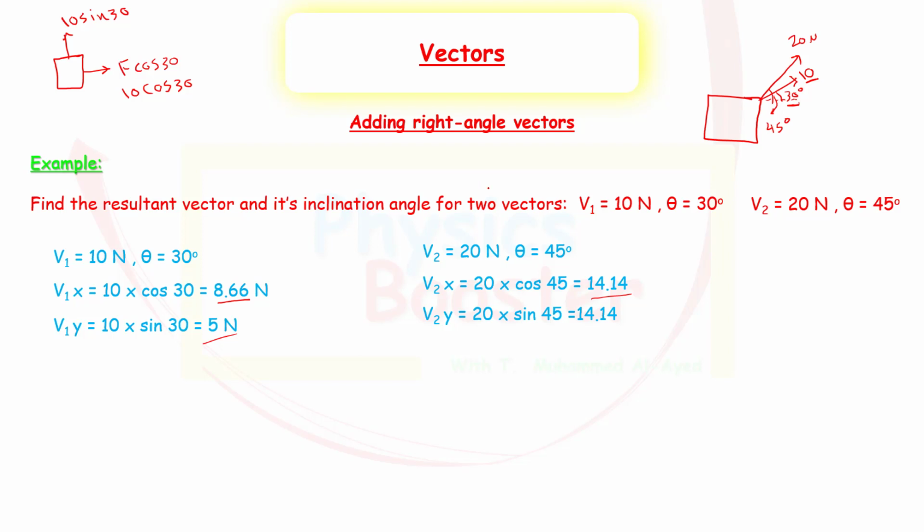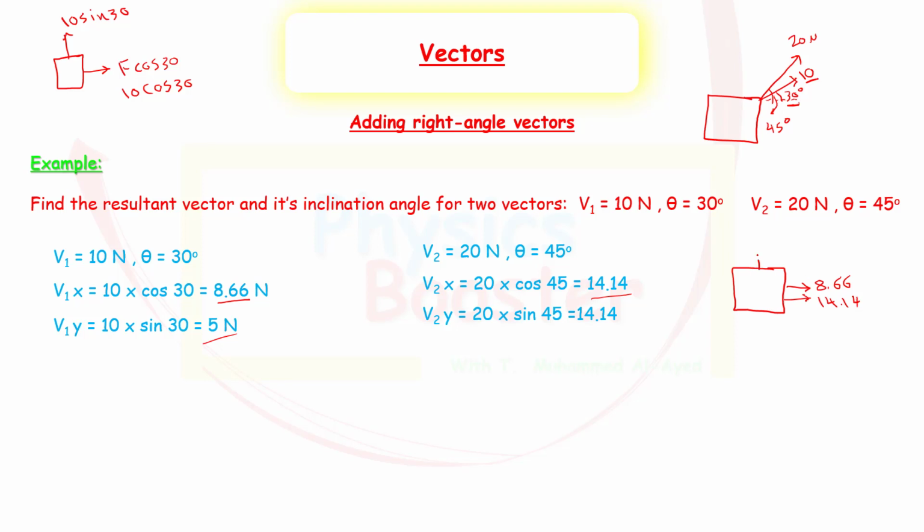Now, if I want to quickly graph it, I will have a shape like this. I will have a vector equal to 8.66, which is coming from the first vector. The other one is equal to 14.14.